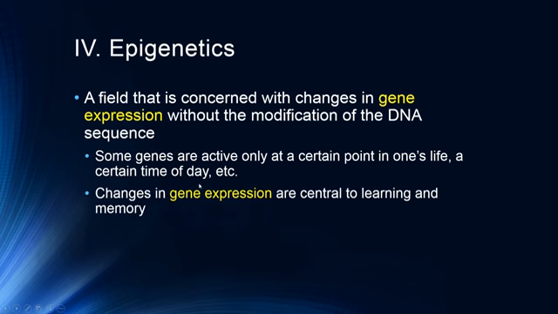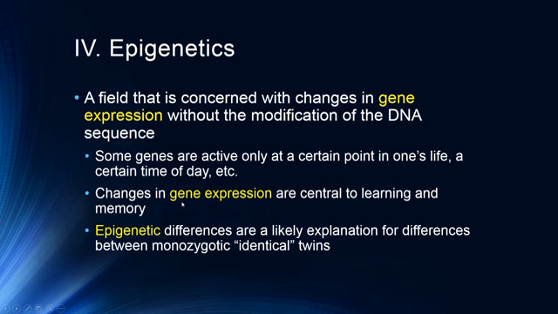Changes in gene expression are central to learning and memory. In fact, that seems to be part of the molecular basis for our memory. We certainly know our experiences can cause genetic changes or epigenetic alterations in the expression of proteins in the brain. So epigenetic differences are a likely explanation for differences seen between monozygotic, or so-called identical, twins.